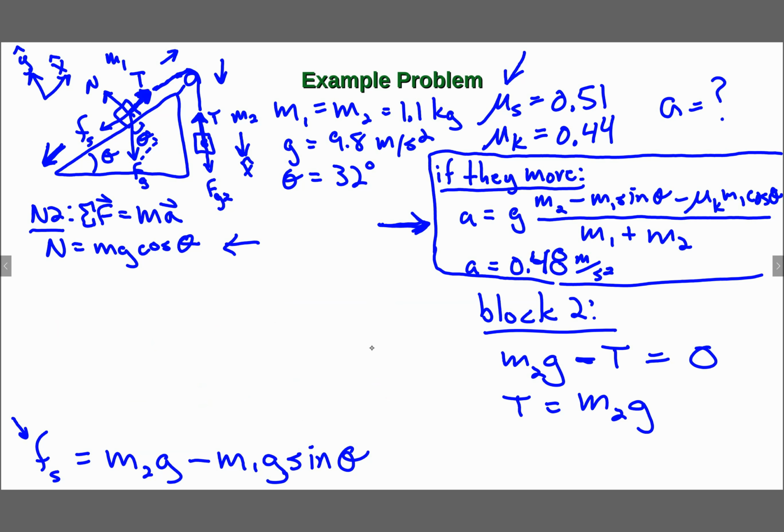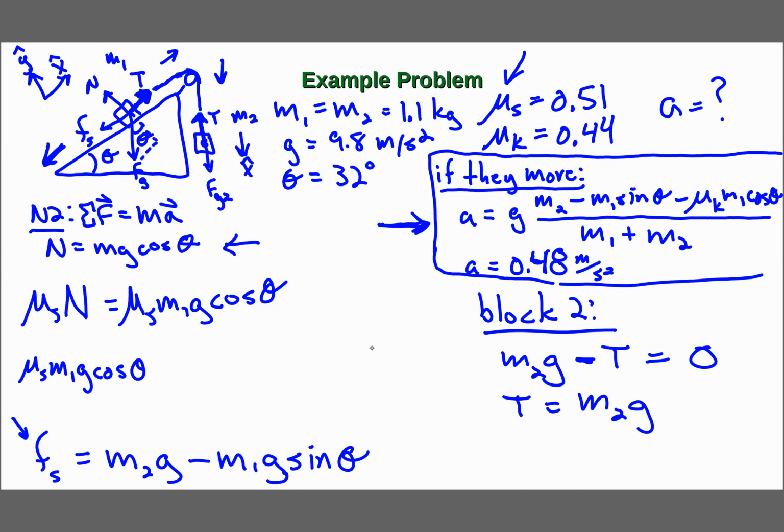So then the question is, if we replace Fs with mu s n, and that equals mu s m1 g cos theta, then we have mu sub s m1 g cos theta equals m2 g minus m1 g sine theta.